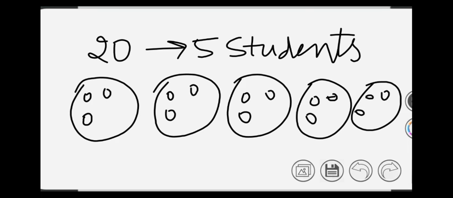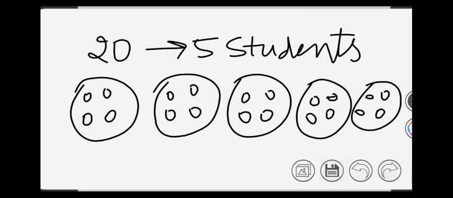I have to do this until it's completed till 20. Then after 15, it's 16, 17, 18, 19 and 20. So till here I have distributed all the 20 chocolates among 5 students. So this is in the form of a diagram.